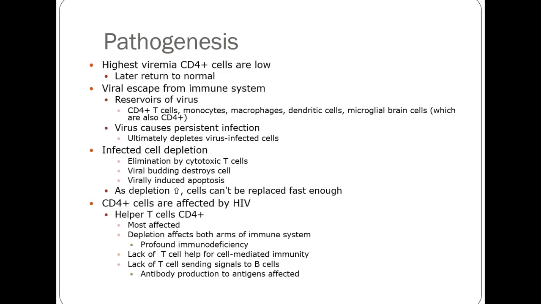The viral escape from the immune system: we have reservoirs of virus, so the CD4 T cells, monocytes, macrophages, dendritic cells, brain cells, and it causes persistent infection as well. We have infected cell depletion. Okay, so once all these CD4 cells are infected, it starts to deplete the amount of CD4 cells that we have because it destroys them.